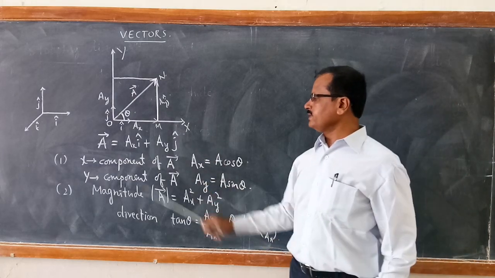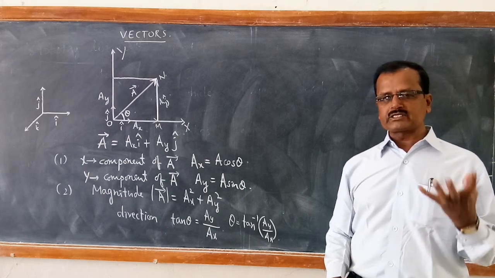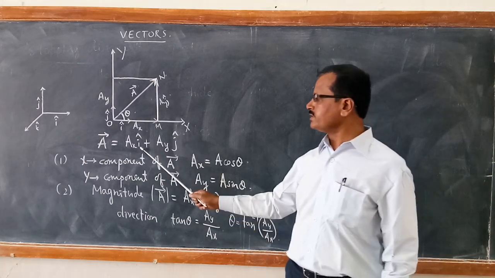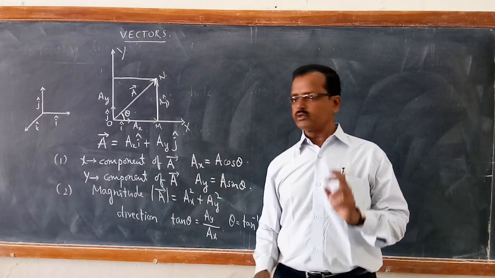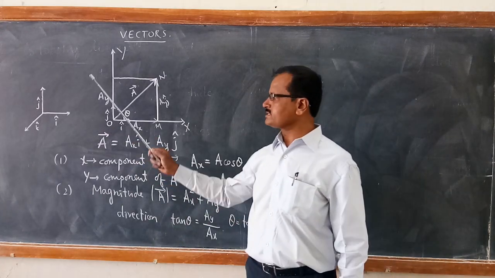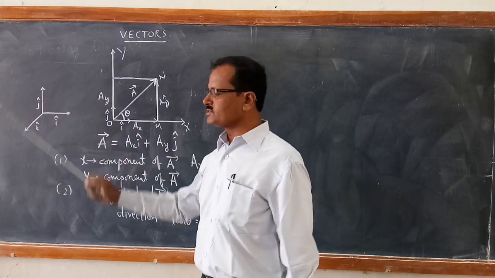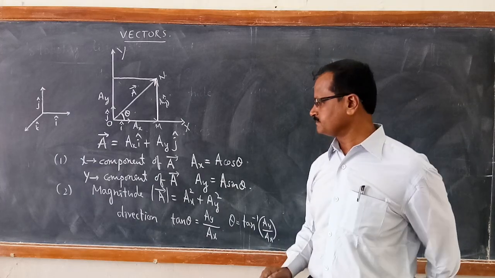So a vector can be expressed in terms of its rectangular components, x component and y component, using unit vectors i and j. I told you earlier, i cap is the unit vector along the x-axis, j cap is the unit vector along the y-axis, k cap is the unit vector along the z-axis.